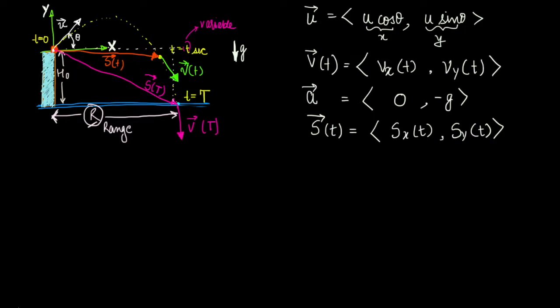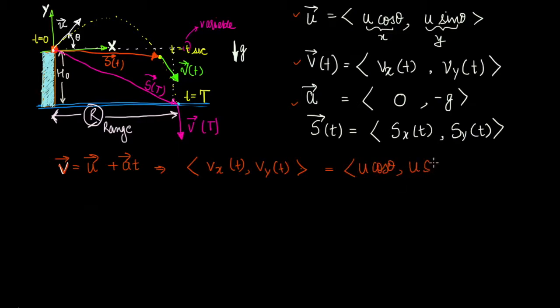The first equation of motion clearly tells us that if you want to figure out the final velocity, the final velocity equals initial velocity plus a times t. So we can simply write this in terms of this, this, and this, and that gives us v of t is v sub x of t, and the y component. This should be equal to u cosine theta, and then u sine of theta.